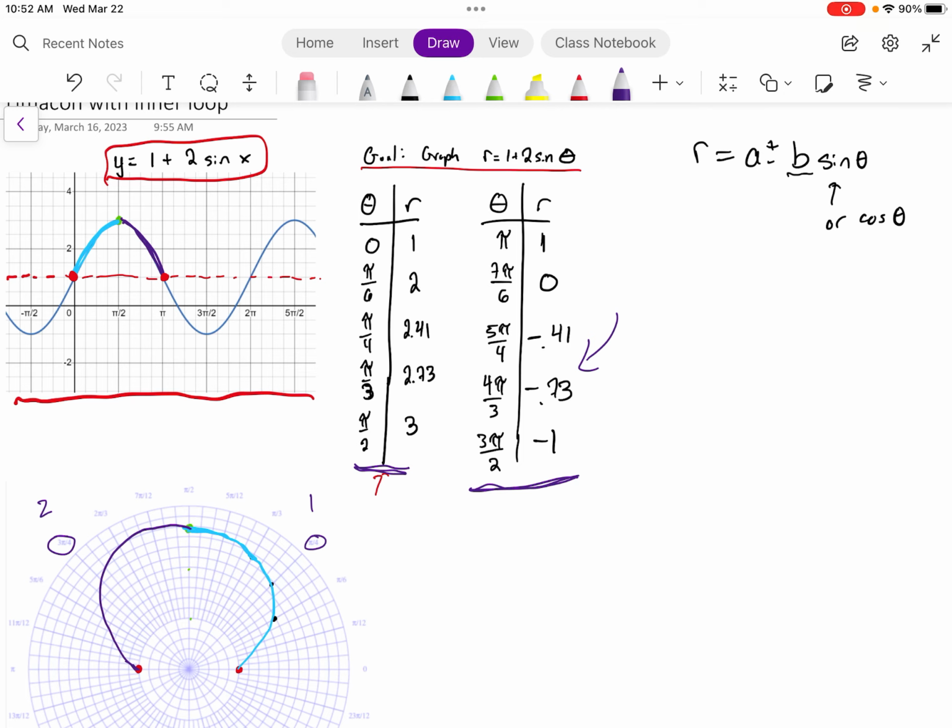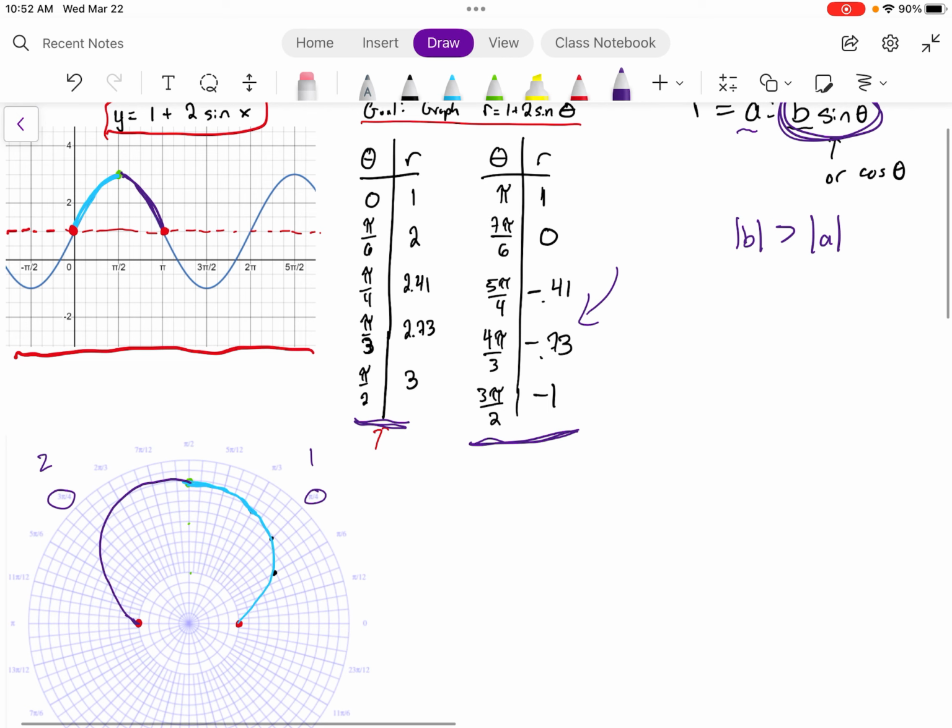And when we think about sine being a negative number and the absolute value of b being greater than the absolute value of a, that means this term is going to be bigger than this term, and we're going to get a negative number. Previously, we just ended up with a little dimple here. Now we're going to get a negative number, right?